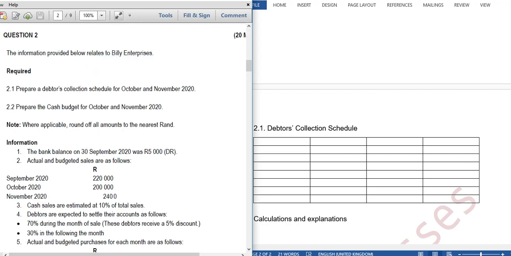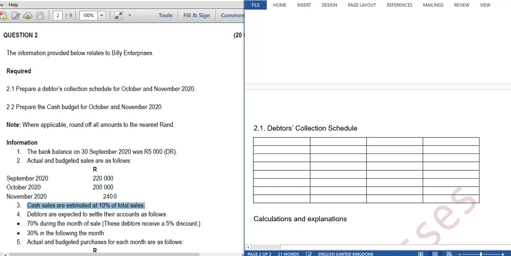They said on 3, cash sales are estimated at 10% of total sales. So let me come here. Then we say total sales equals 100%.